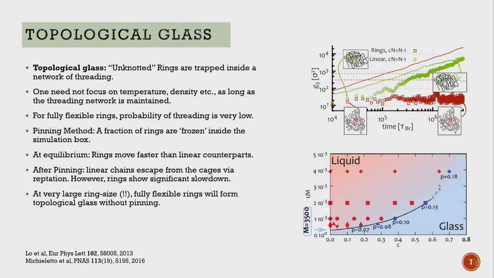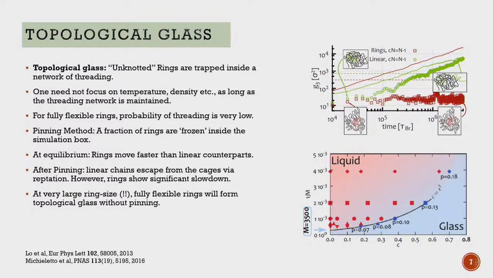There was an interesting paper that proposed this topological glass idea. What they did was take a system of ring polymers and a system of linear polymers in a melt, and pin some of the polymers randomly, making their motion zero. These polymers do not move at all, and the rest of the polymers can move around through this network.